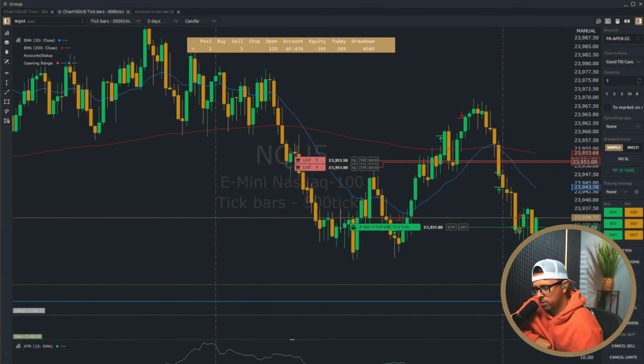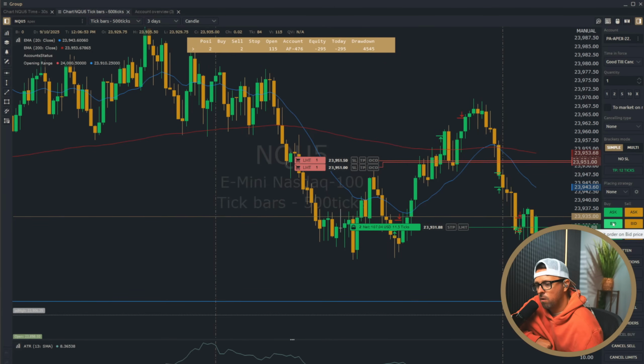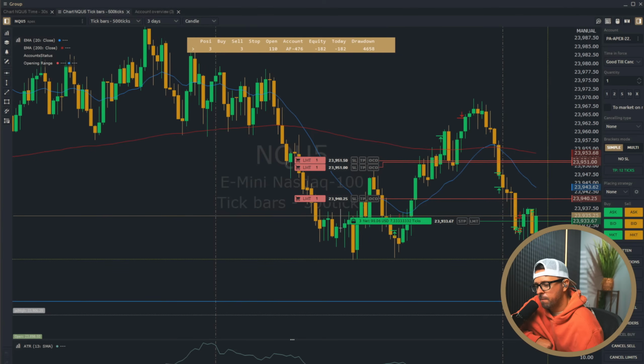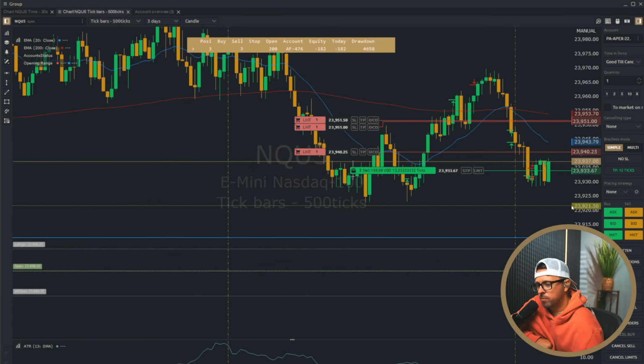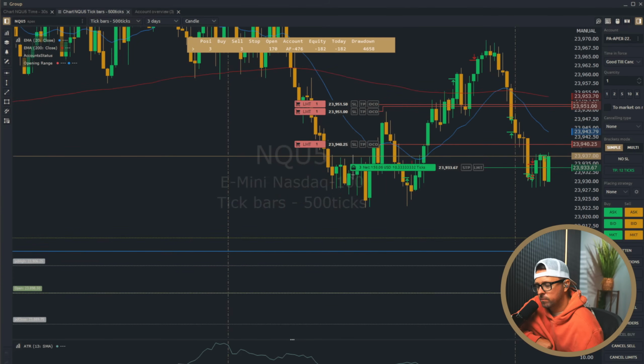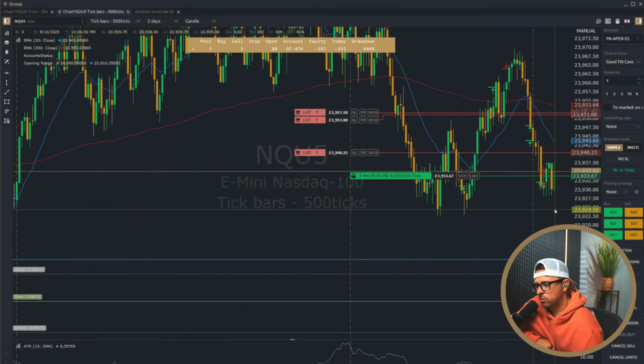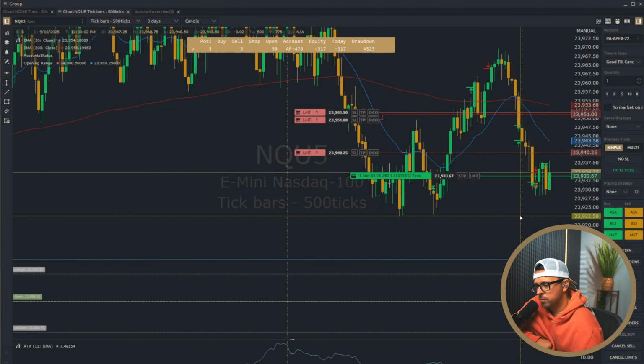It's hard to tell which way it wants to go here. I gotta keep trying to scalp more. But yeah, it's so weak. Hopefully just double bottoms here and goes up.